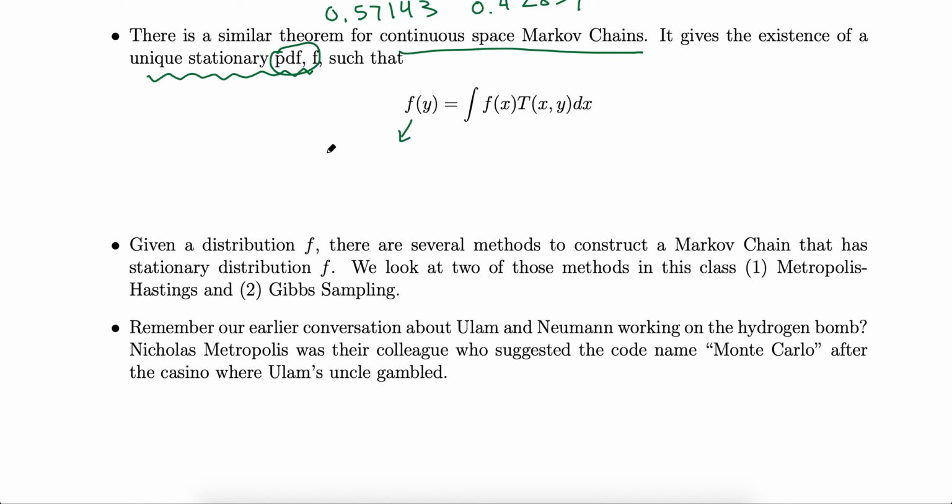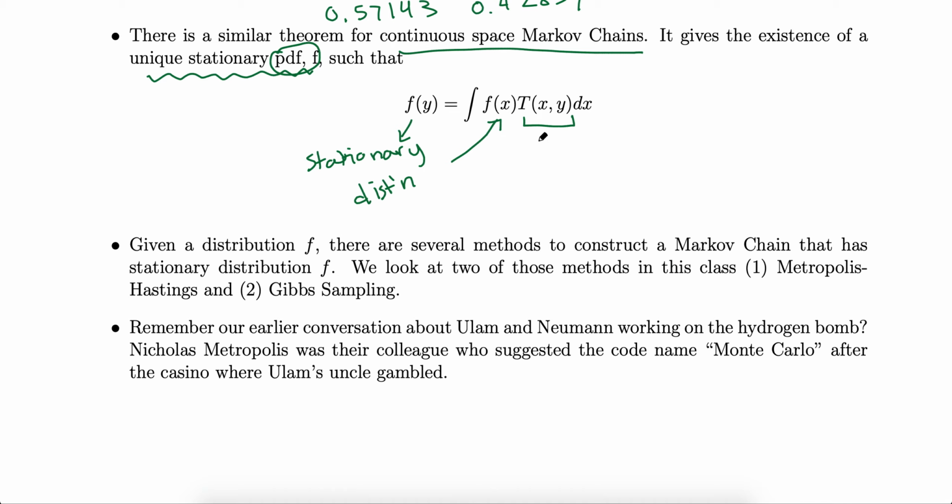So F is our stationary distribution. Same F right here. Stationary distribution, that's like our pi in the earlier example. The integral is like our sum in the earlier example. This T is like the p_ij, or elements of the transition matrix in the earlier example.